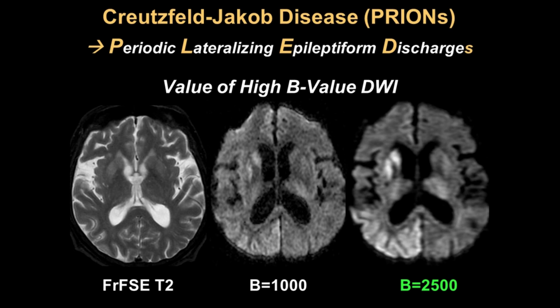From an imaging standpoint, if you have a patient with some of those atypical features, particularly if they have a rapidly progressive dementia, we want to include diffusion-weighted imaging and FLAIR. With diffusion, we can see bright signal in the striatum as well as ribbons of bright signal in the cortex. And this is one condition where a high B value, and especially higher diffusion weighting, if you will, brings out these changes quite well.